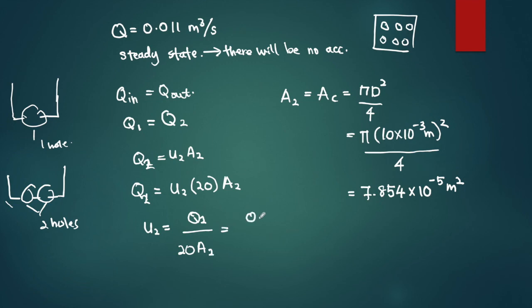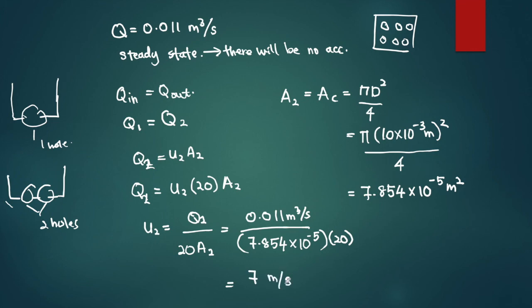U2 is 0.011 meter cube per second divided by 7.854 times 10 to the power of minus 5 and times 20. So I will get the value for U2 as 7 meter per second. So this is my value for U2.